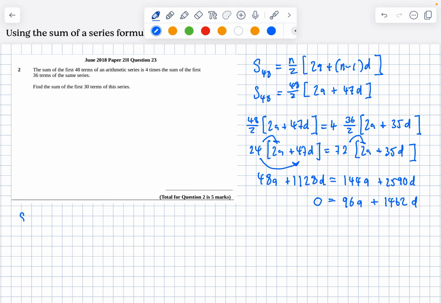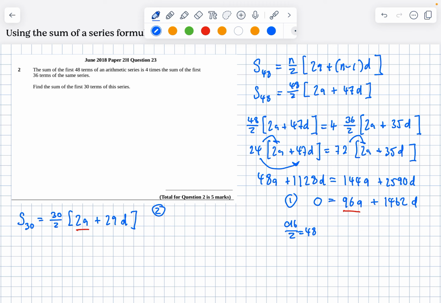So again, let's do that. The sum of the first 30 terms is 30 over 2 times (2a plus (n minus 1)d, which is 29d). Okay, right, so I've got to link these two up. Equation 1 has got to tell me something about equation 2. Well, I've got 2a here, and I've got 96a here. If I do 96 divided by 2, that gives me 48.